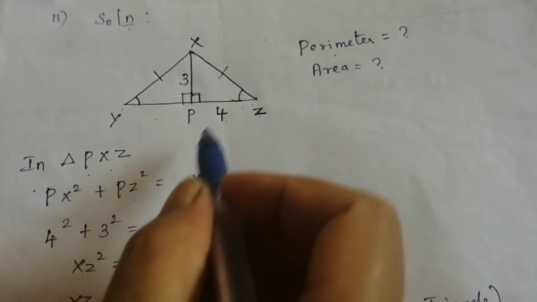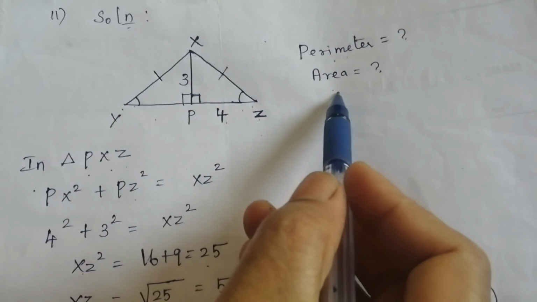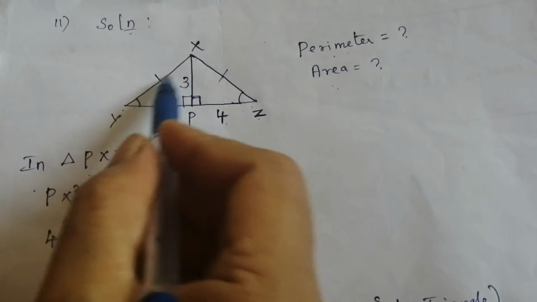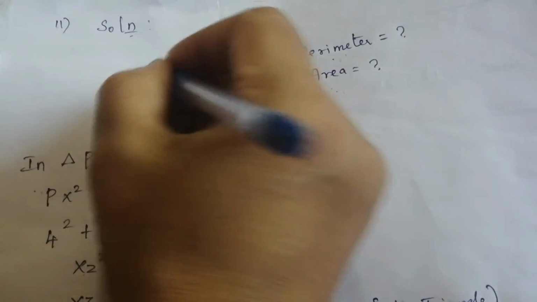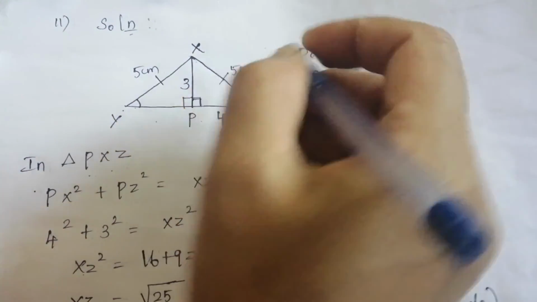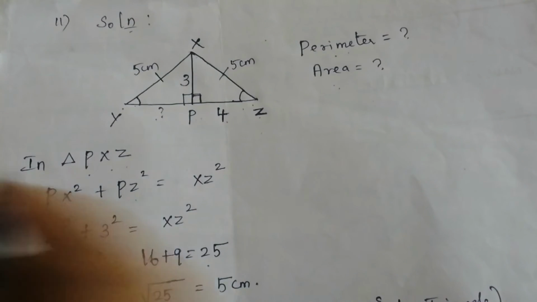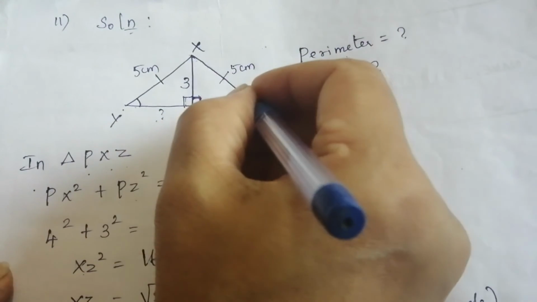And next we have to find the perimeter and area. To find the perimeter we have to add all the three sides. Now we know this is 5 centimeter and this side is 5 centimeter, and we have to find this measurement. In this, this is 90 and this is 90.